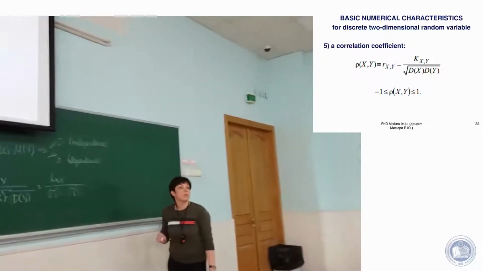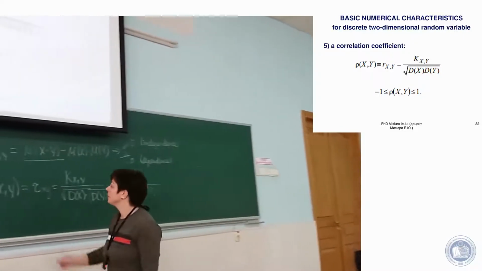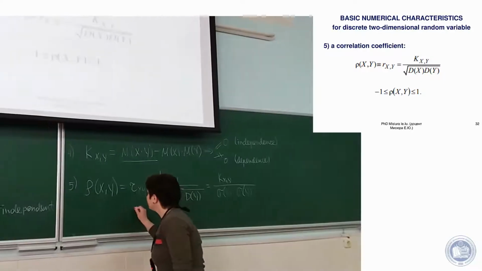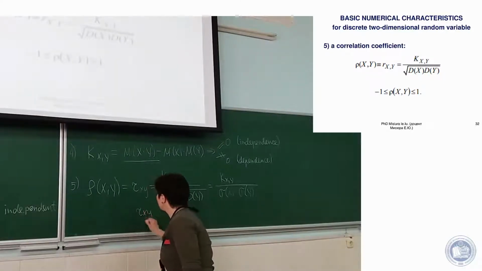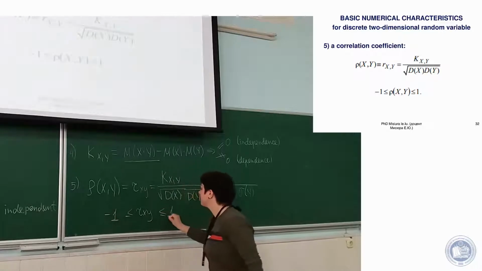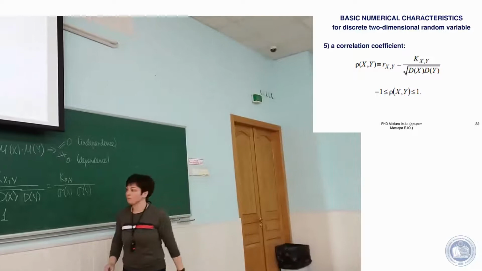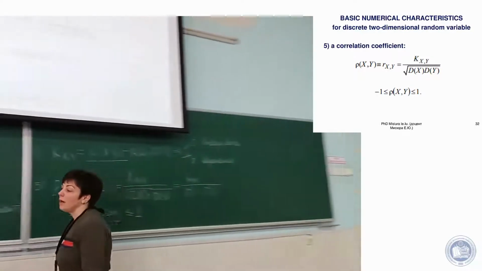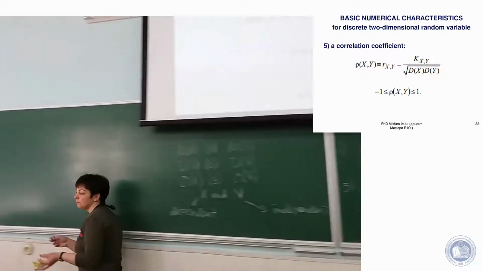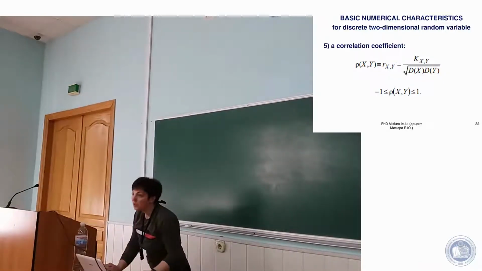The basic property of this correlation coefficient is that this value lies between -1 and +1, always within these limits.